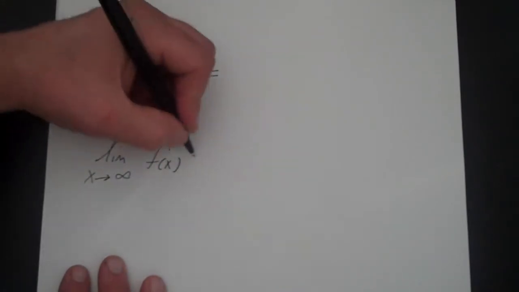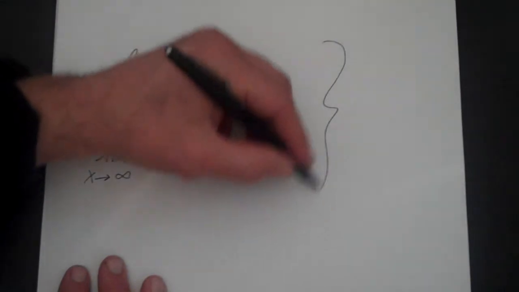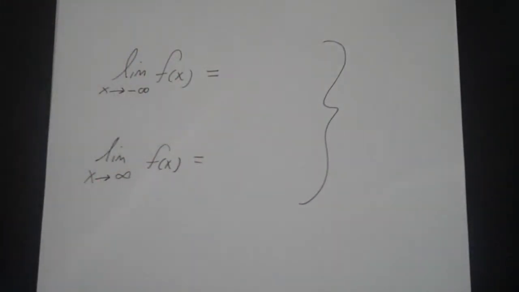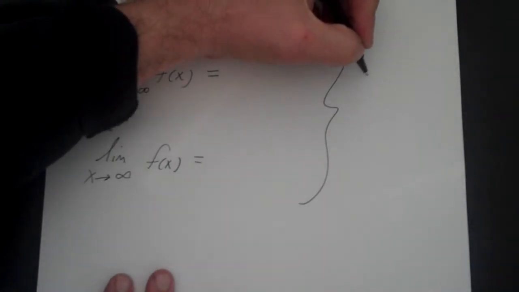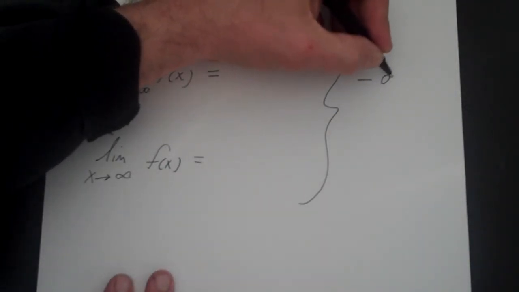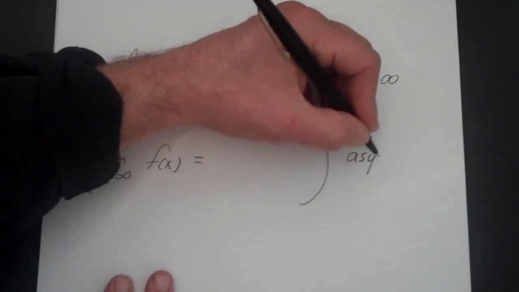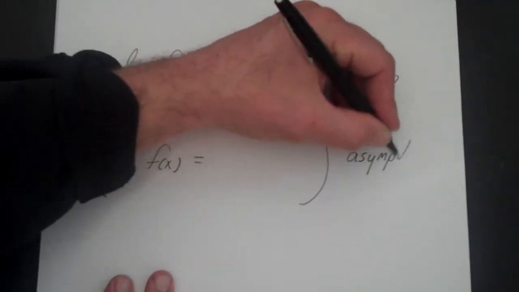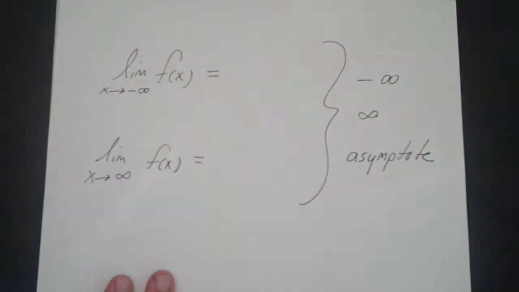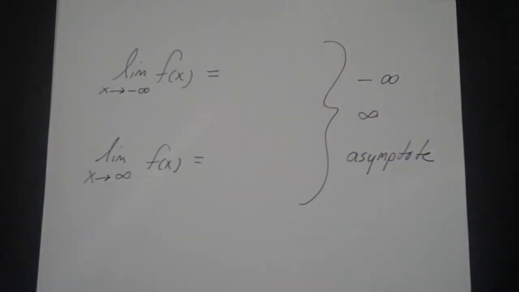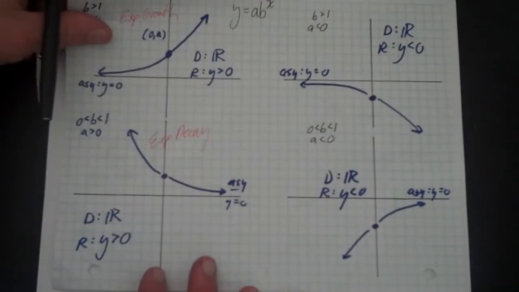What makes this particularly easy is that you only have three possible answers: negative infinity, positive infinity, or the value of the asymptote. And that's it. So we need to remember what our four graphs look like.